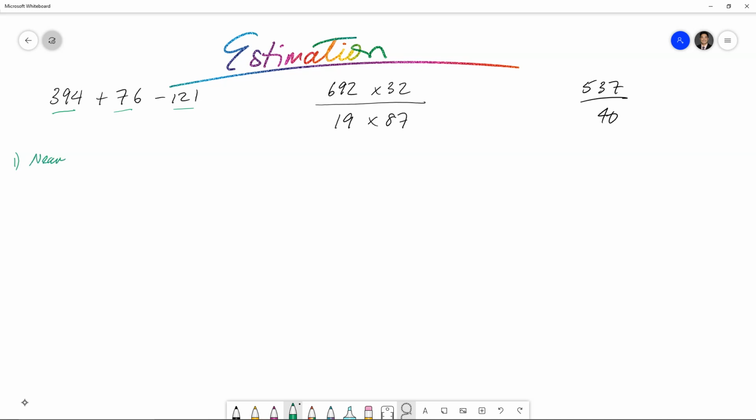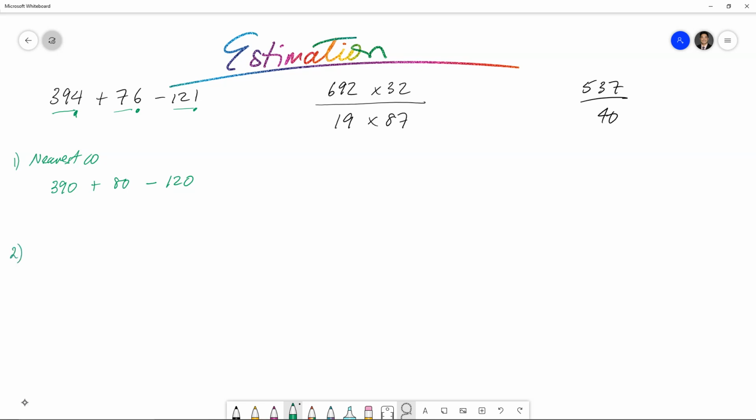So nearest 10 would make it 390 because the 4 is less than 5, plus 80 because the 6 is greater than 5, minus 120 because the 1 is less than 5. So I rounded off all 3 numbers to the nearest 10 value.